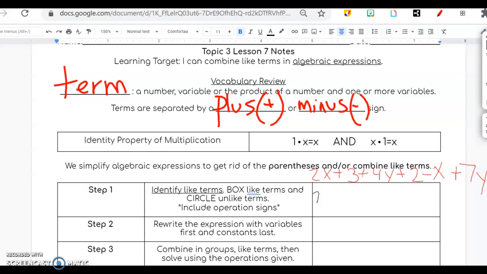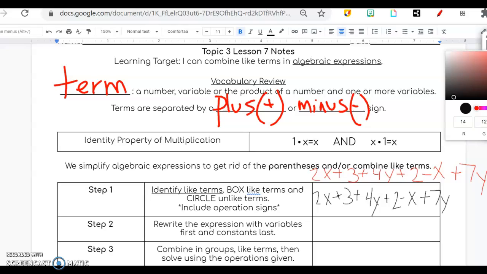So in this box, I'm going to start by writing my expression. So I have my 2x plus 3 plus 4y plus 2 minus x plus 7y. So I'm going to choose my color for the x values, okay? For that x variable, I see one term here, 2x. That's one term that has an x variable in it.